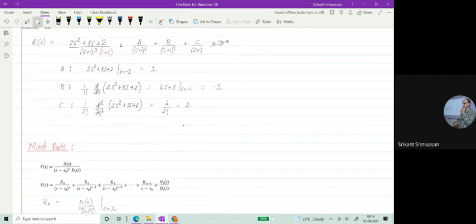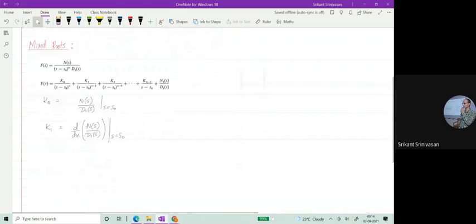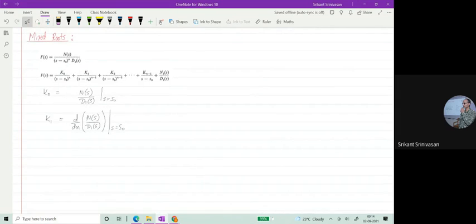Now I have to take the differentiation of the numerator along with this other term, the denominator term which is not part of the multiple poles. Okay. Remember that D1 of s is that extra term. So that also comes in the differentiation.